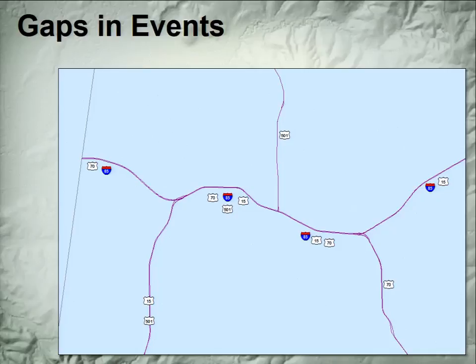They're concurrent routes, and an event for DOT refers to something like how many lanes a road has, and the measure, like from here to here, there's 4 lanes. From here to here, there's 2 lanes. These events should be countywide or statewide. Any route, they should have complete coverage for the entire state.